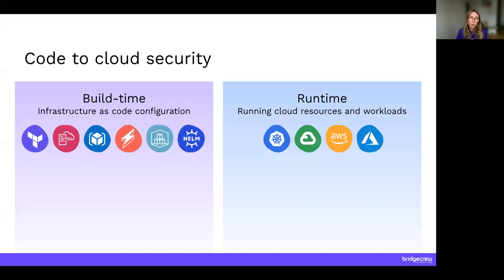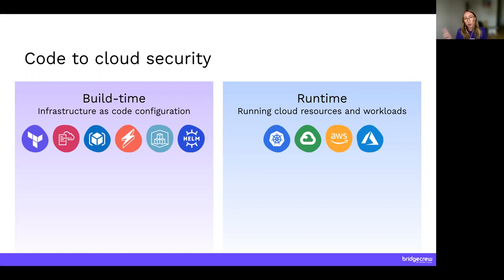Broadly speaking, when we talk about DevSecOps or shift left security, there's sort of two camps, two areas where we can address security misconfigurations and where we should embed security guardrails or policies. We have build time, which is infrastructure as code configuration, and then we have runtime, so running cloud resources and workflows.